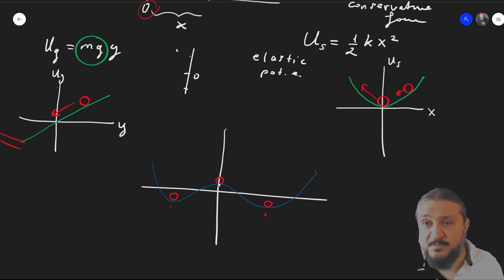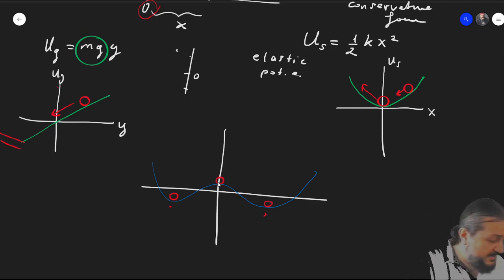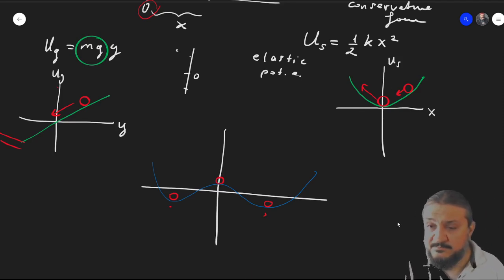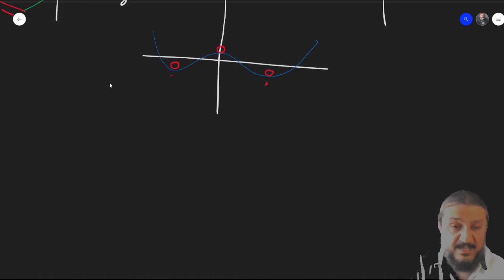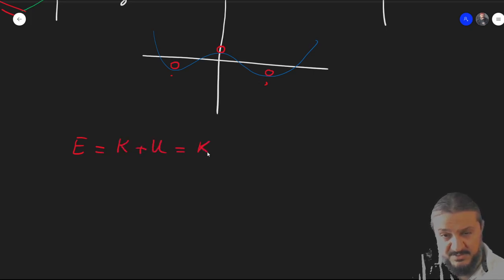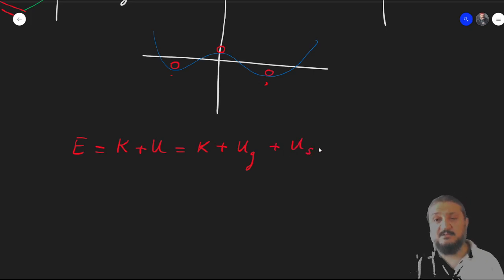Okay, so that's the second potential energy, 1/2 k x squared. Now, what if the problem involves both gravity and the spring? Then the mechanical energy is kinetic plus potential, but the potential has two contributions, U gravity plus U spring.